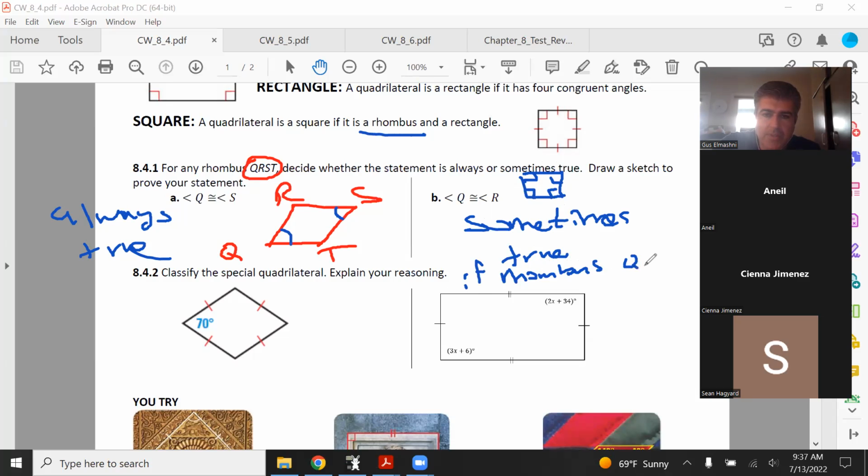If rhombus QRST is a square. So it's getting a special designation, right? It's kind of this hierarchy.